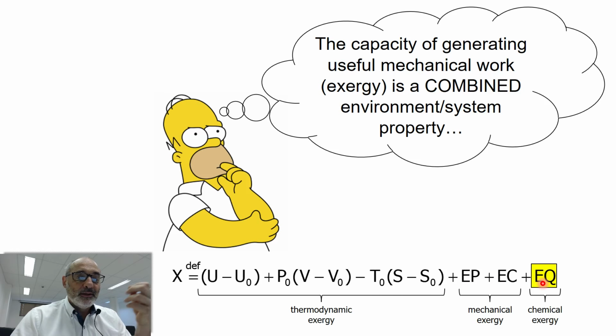And the fundamental idea of defining exergy is that the capacity of generating useful work, mechanical work, or organized energy, is a combined environment-system property. The key word here is combined, okay? I must define what the environment is when I'm talking about chemical aspects, okay?